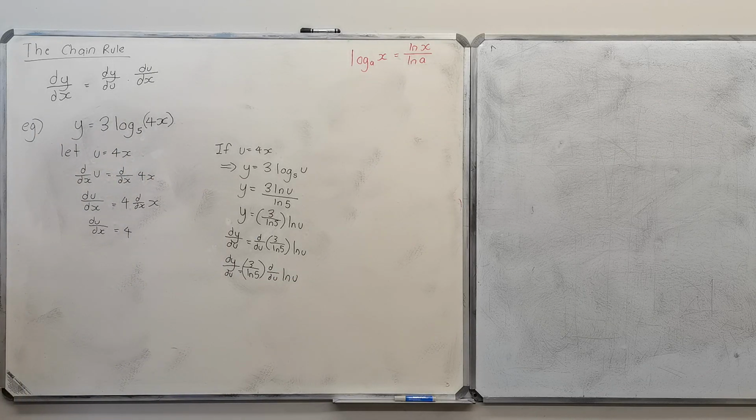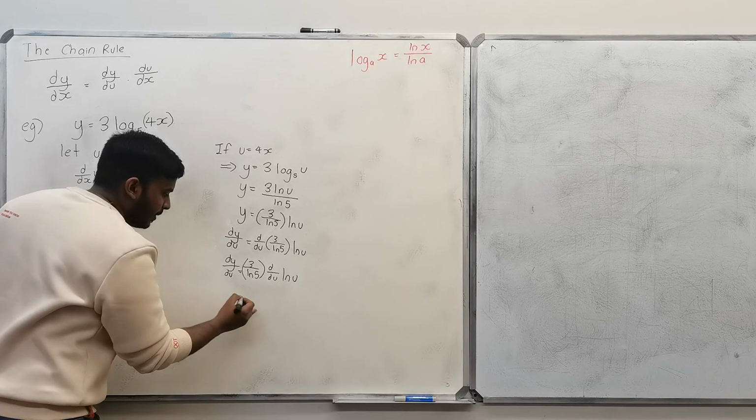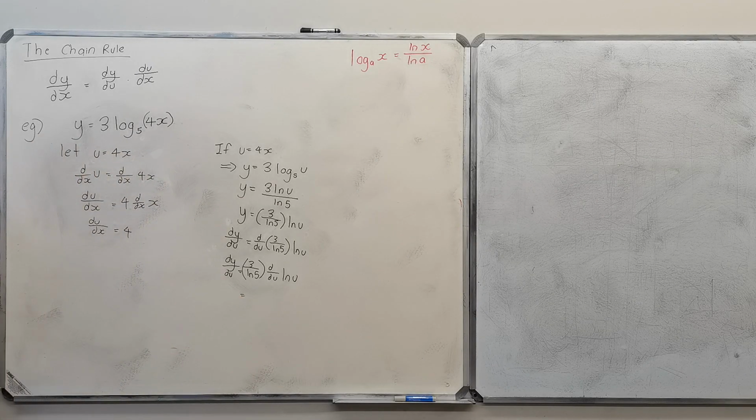Anybody confused? Okay. So what does this become? What is the derivative of ln of u?